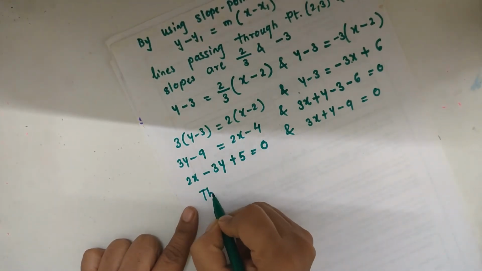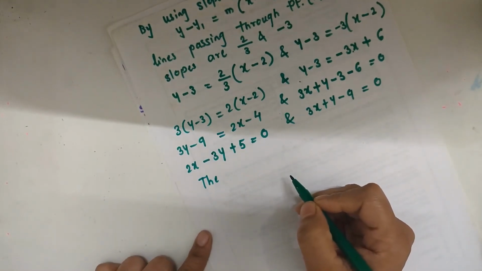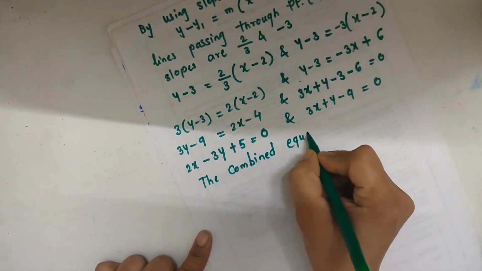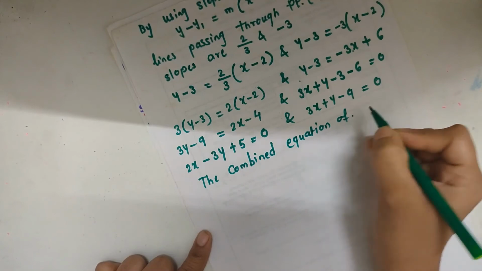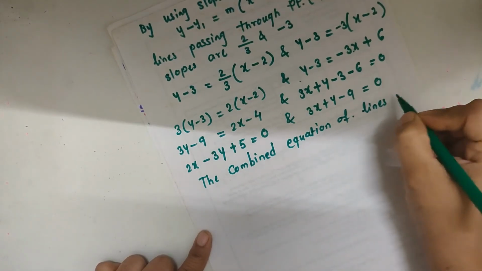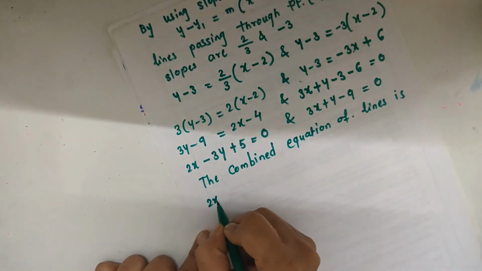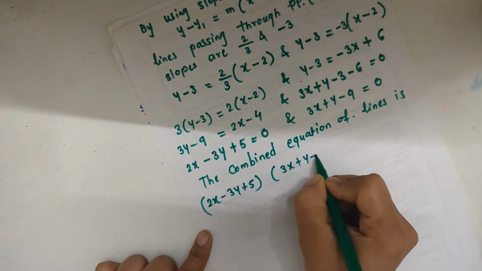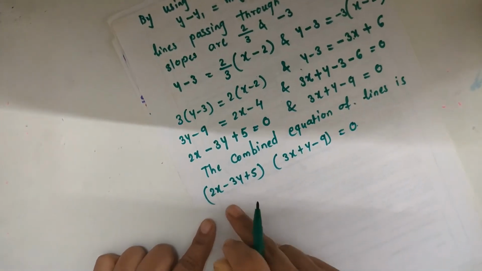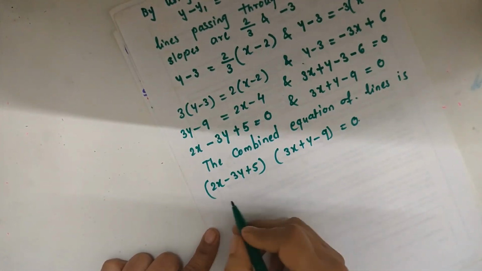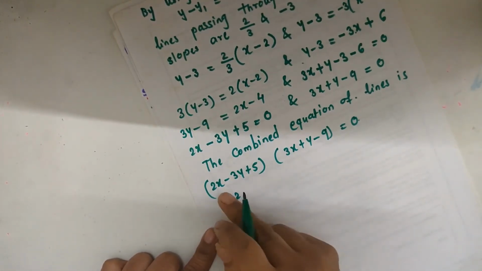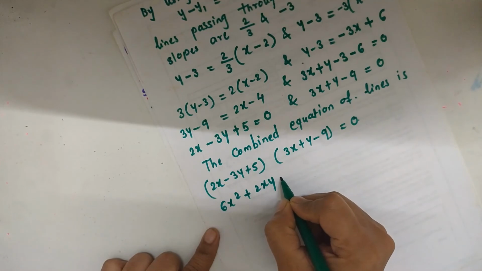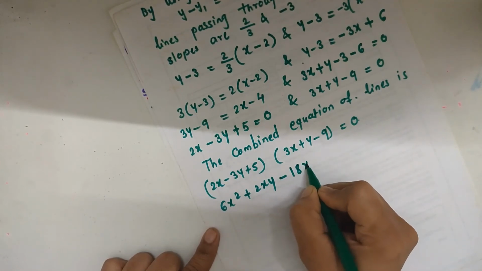So the combined equation of two lines using u into v is equal to 0. The combined equation of required lines is 2x minus 3y plus 5 into 3x plus y minus 9 is equal to 0. So by simplifying this equation, 2x into 3x is 6x square, 2x into y is 2xy, 2x into minus 9 is minus 18x.